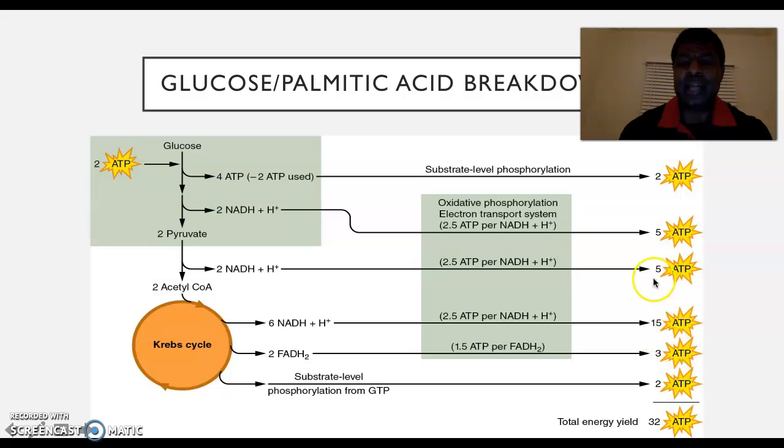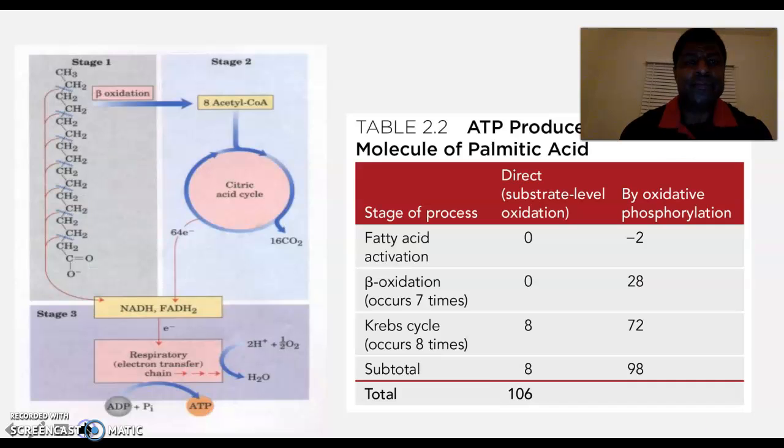And so you can see a lot of the ATPs being formed through this electron transport chain through the process of oxidative phosphorylation to produce ATP. And so all of that will give you a combined 32 ATP. And that's the total ATP that's created from one molecule of glucose.